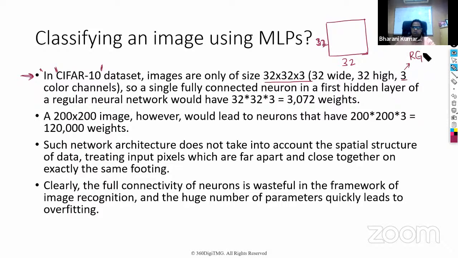Red, green, and blue. In a color image, those 3 channels will be there. Then, do you know what? In your neural network, the number of neurons, rather than draw those many neurons, I'm just drawing a line, you'll have 32 by 32 by 3. These many neurons will be there.